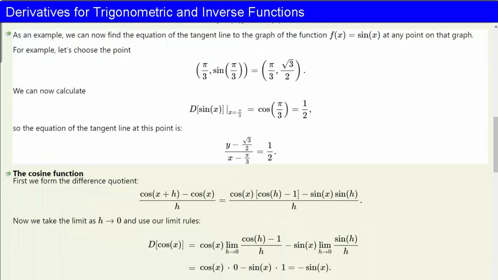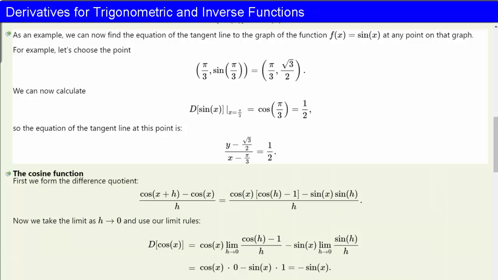As an example, we can now find the equation of the tangent line to the graph of the function f of x equals sine x at any point on that graph. For example, let's choose the point pi over 3, sine of pi over 3. And the sine of pi over 3, you remember, is one of the things we know exactly. It's root 3 over 2.